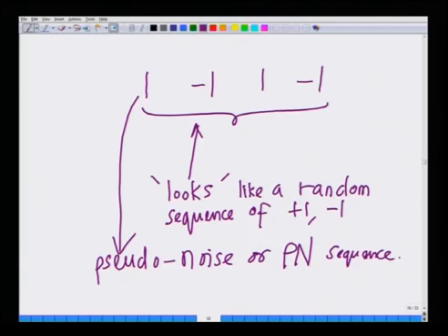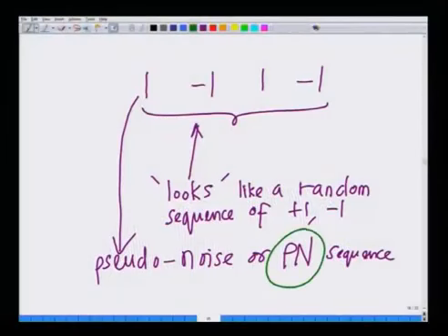Even though it is random looking, it is not exactly random, and even though it looks like noise, it is not exactly noise, since it is known; hence it is called pseudo noise, or a PN sequence. All right. So, such a code is also known as a PN sequence.